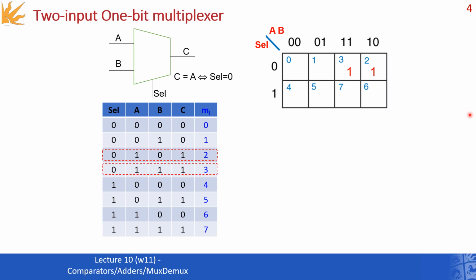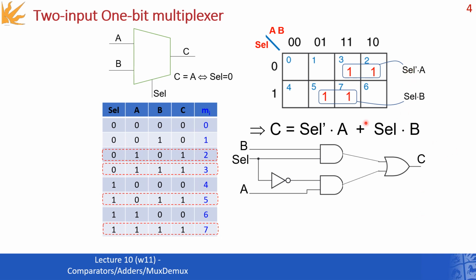Obviously, min term 3 follows, min term 5, and the last min term 7. Now, following the process that we have explained in the previous lectures, this is how the function would look like.